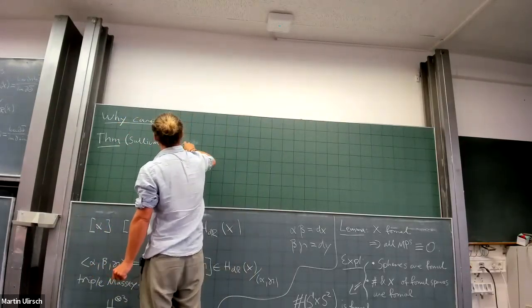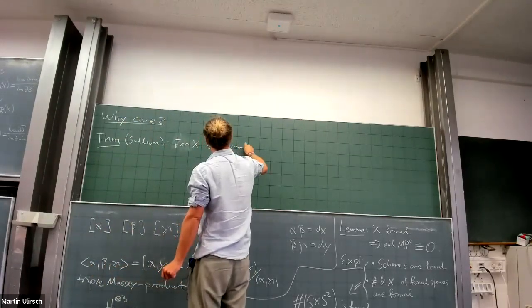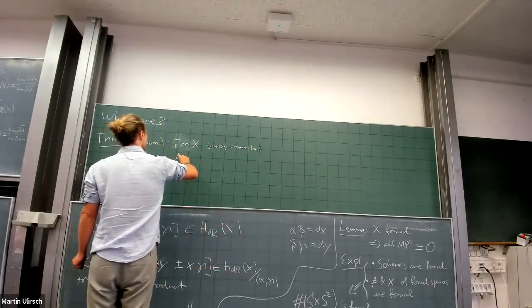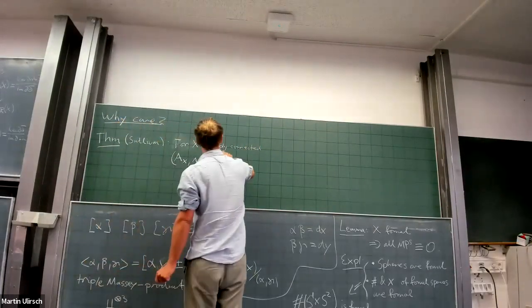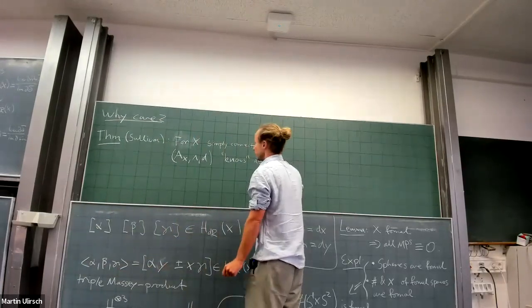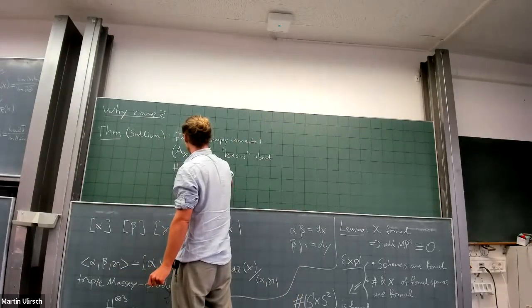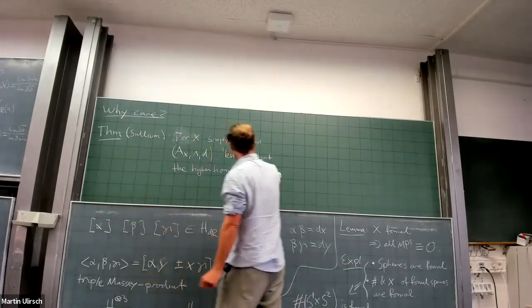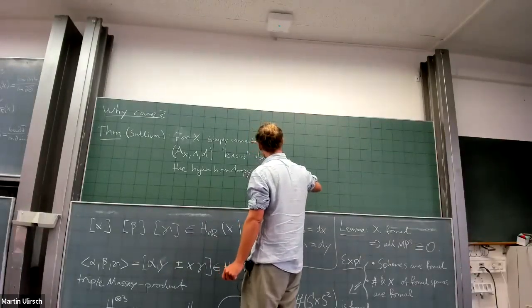For X simply connected, and you can do better than that, but I don't want to get technical, AX together with its product and the differential knows about the higher homotopy groups up to torsion.